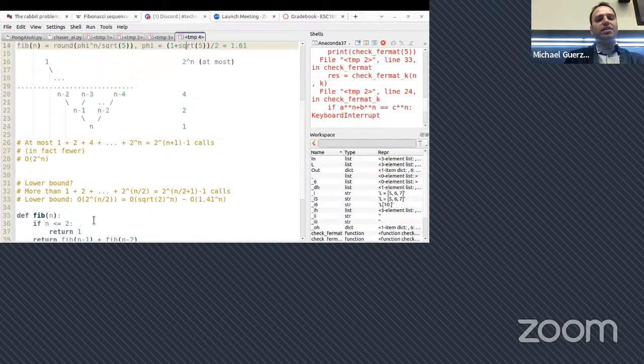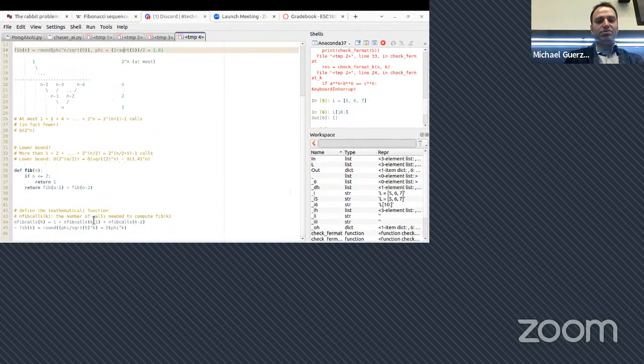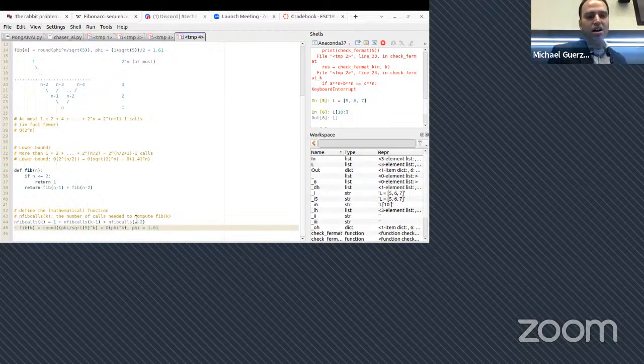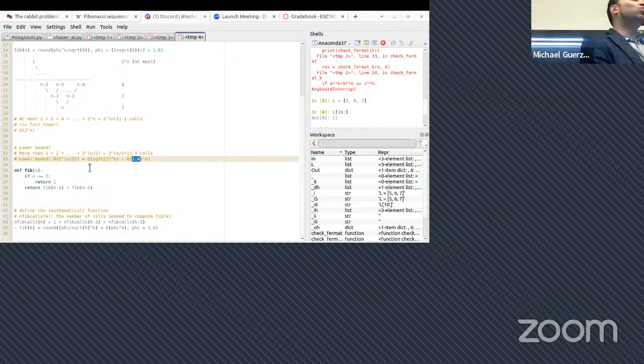So that means that here we have, well, it's less than this many calls, and it's more than this many calls. And in fact, it's exactly this many calls where phi is 1.61, which tracks because basically we have an exact estimate, which is like 1.6 to the n. And then here we said, well, it's more than 1.4 to the n, and it's less than 2 to the n, and 1.6 is in fact between 1.4 and 2.